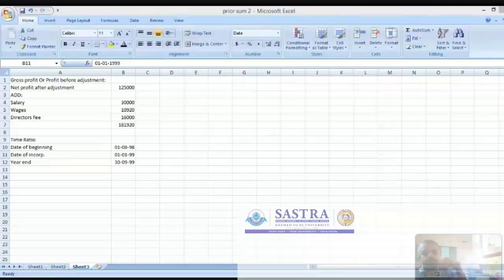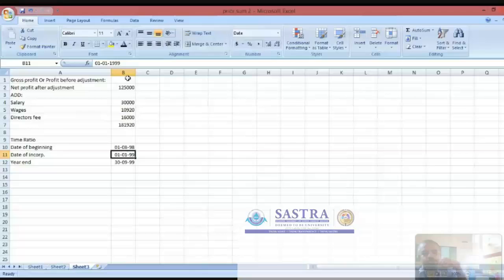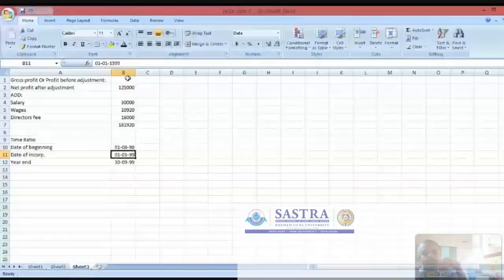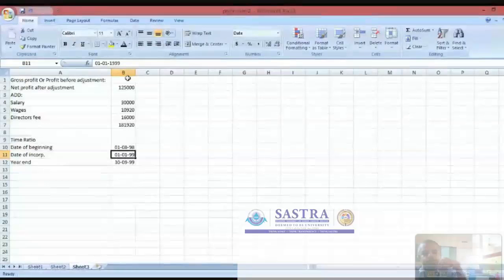Yes, but we have added salary, wages, and director's fees, because they were subtracted from the net profit.